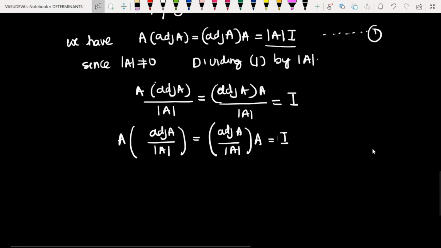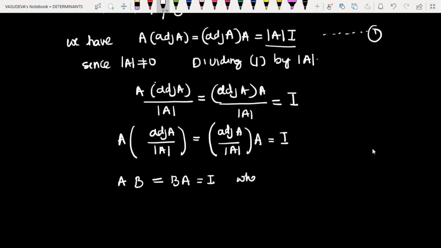We have the result AB is equal to BA is equal to I, where B is taken as adjoint of A divided by determinant of A. This is exactly the definition of an invertible matrix.